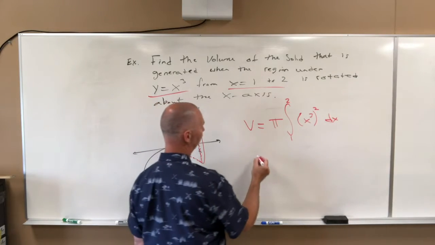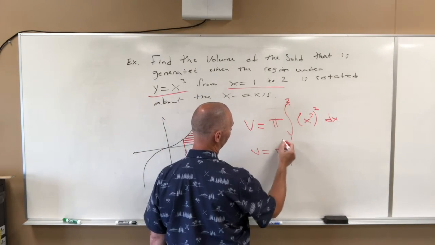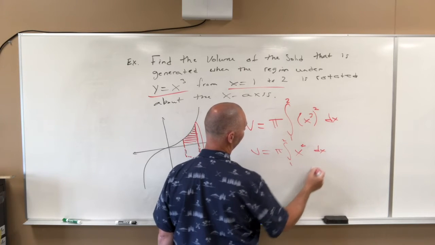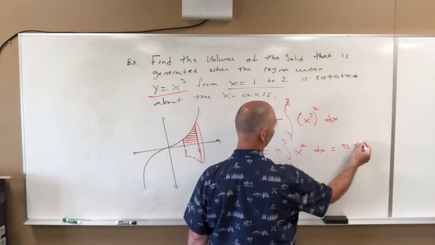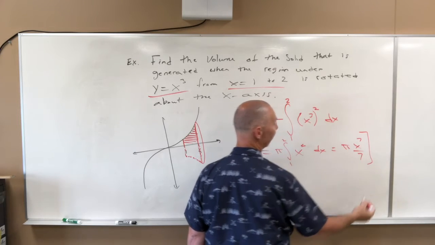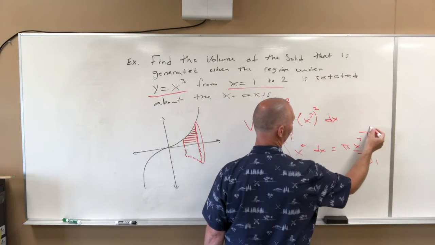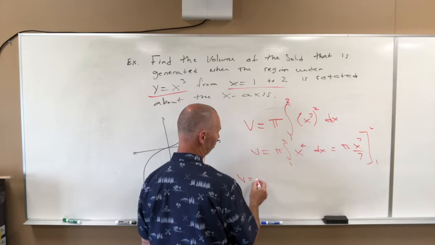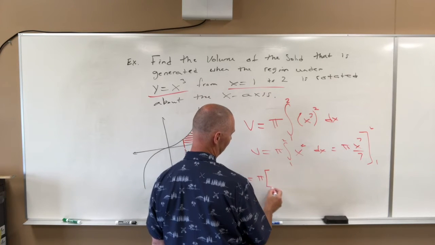So it's not so bad, because we're going to go volume equals pi. We'll simplify first. We're still going 1 to 2, but now it's x to the 6th dx, which means that this equals pi times x to the 7th over 7, using our basic integration rule where we add 1 and divide by that number, still going from 1 to 2. And so our volume then will equal pi, and we'll pull the pi out front.